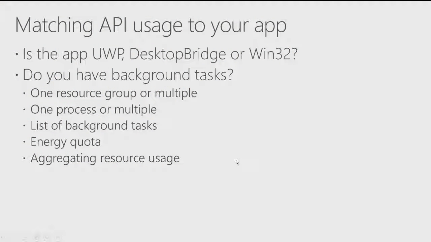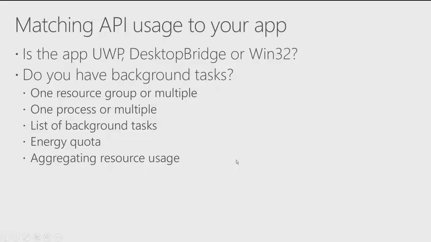So it's interesting the choices that you have with the APIs to how to match what the target app is doing to the APIs that you use. So you can use the APIs for any app. If your target app is a UWP app, obviously that's the most useful. But even for a desktop bridge or a Win32 app, you can still use these APIs. But you'll get more information. So we saw in the last session when we looked at a very simple task manager that for Win32 apps, you get the process level information because that's the only thing the system knows about.